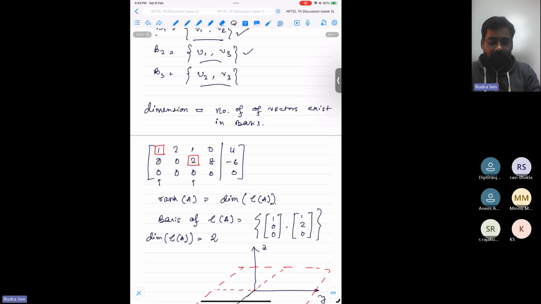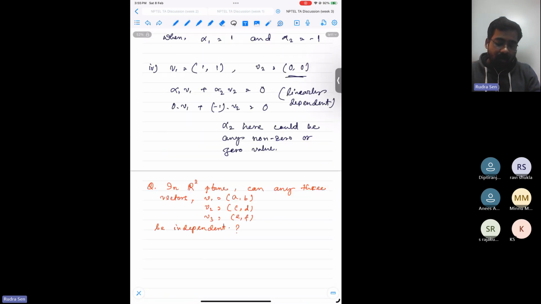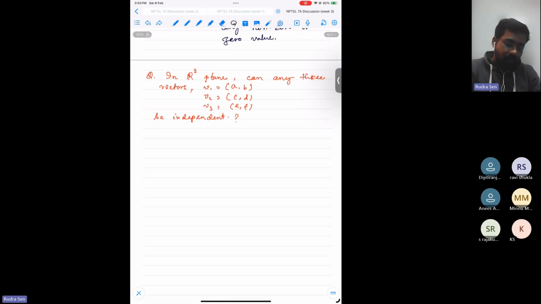So if we're talking about R2 plane, three vectors can't be linearly independent. There has to be one vector which is a combination of the other two vectors.